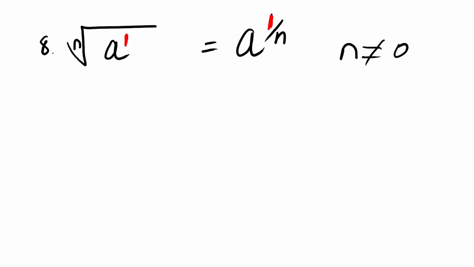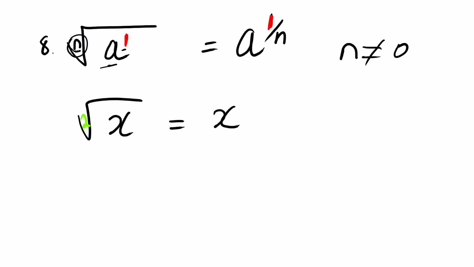Our next law is about the radical sign. So we have a term which is base a raised to the power 1 inside the square root, and then we also have an nth term here. This is the same as a, the very same base, to the power 1 over what you see here. So if we have square root of x, we all know that in the standard form of a radical sign, we have 2 here. There is 2.